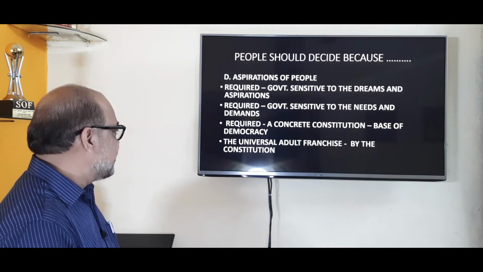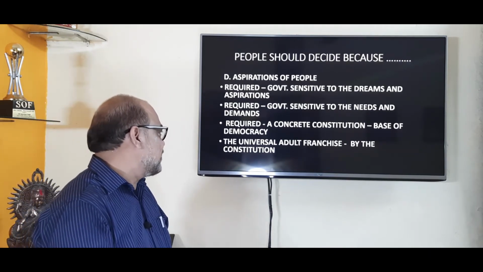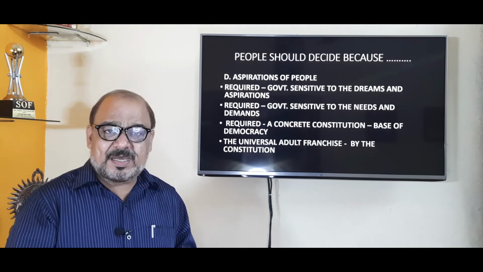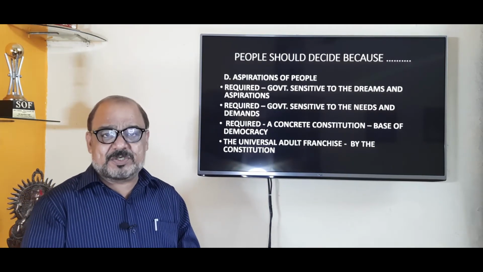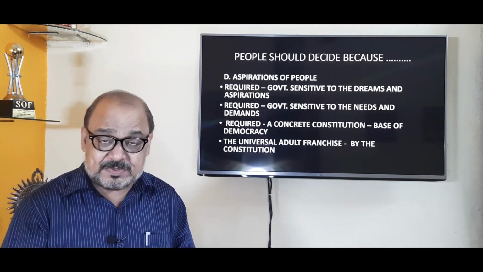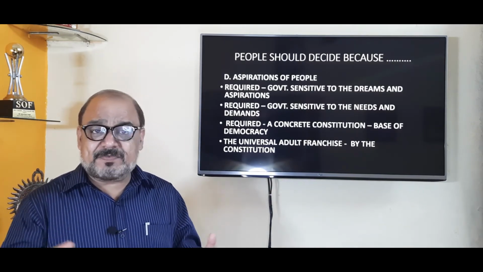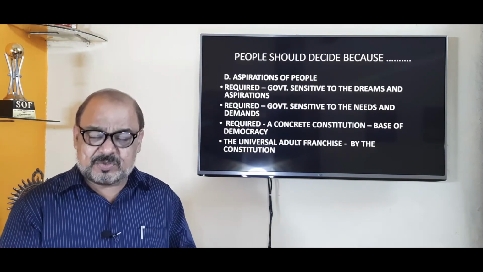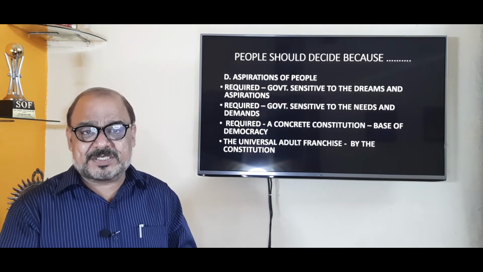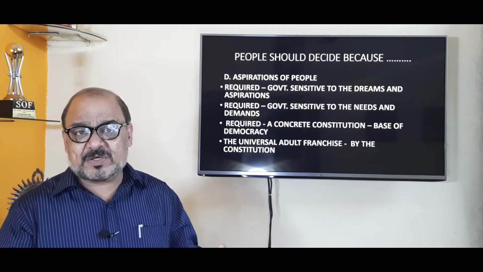Then we need the universal adult franchise by the Constitution. In the Constitution of India, every citizen has been given equal right to vote. One person, one vote, one value. And when it is one person, one vote, one value, we say it is universal adult franchise. Those citizens of India who have completed 18 years of age have got the right to vote.